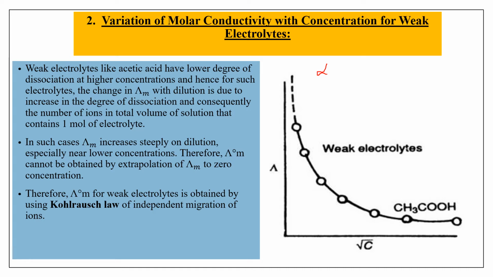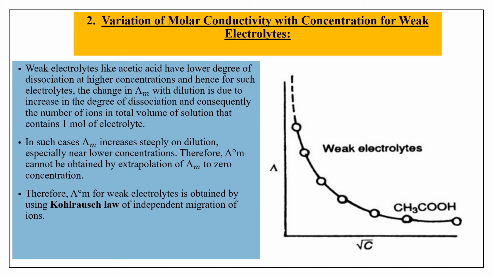In such cases, the molar conductivity increases steeply on dilution, especially near lower concentrations. Therefore, the value of limiting molar conductivity cannot be obtained by extrapolation of molar conductivity to zero concentration. For a weak electrolyte, we cannot extrapolate the graph. Why?